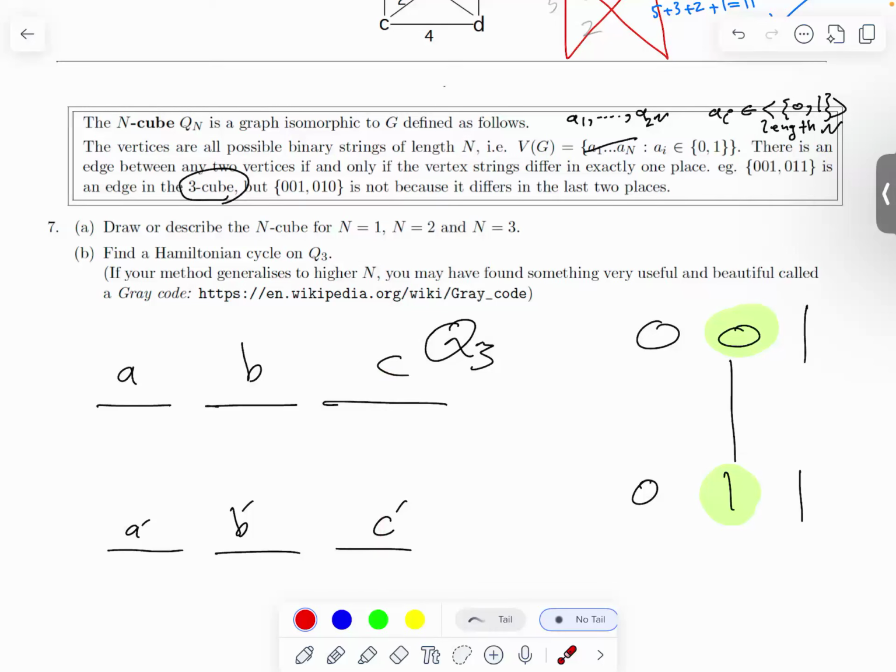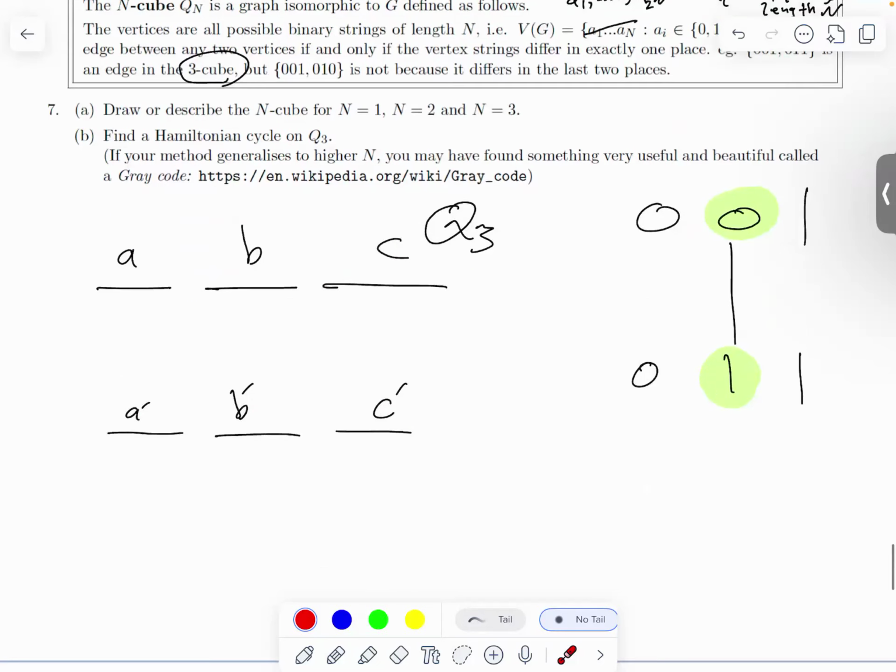So in Q3, the binaries are... They can be connected if they are different in one of the places. So the possible degree for a binary vertex in Q3 is just 3.